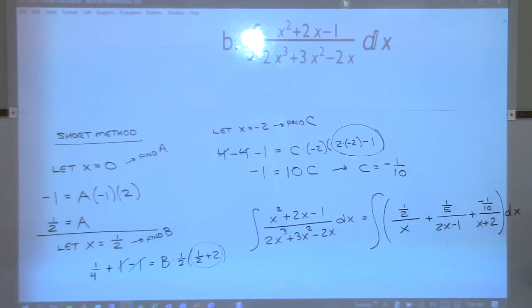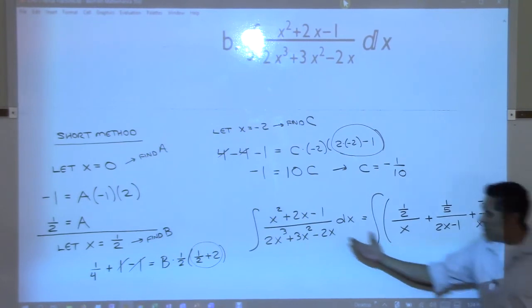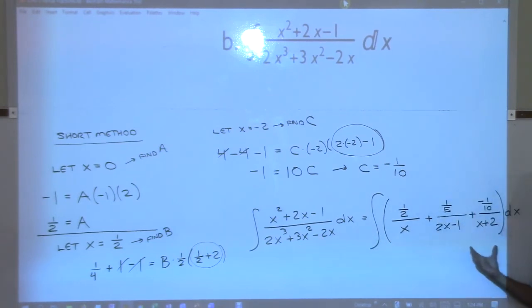So now take a step back. What would you rather integrate, this or this? Well, you can do these term by term, can't you? Because they're separated by addition. And this is a constant over a linear, constant over a linear, constant over a linear. We know how to do those because that's what we did last class, right? All of these are going to turn into natural logs when we integrate them.